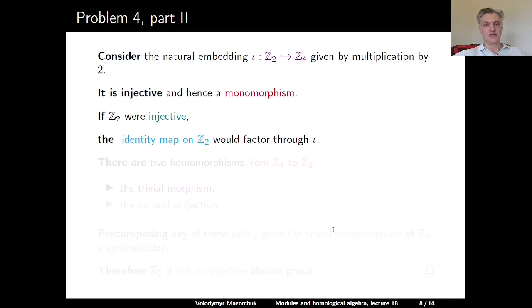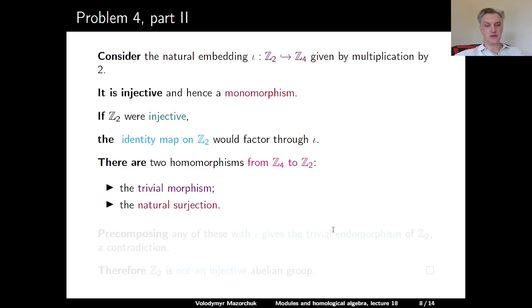In other words, there should exist a morphism from Z4 to Z2, such that precomposing that morphism with I, we get the identity map on Z2. There are two homomorphisms from Z4 to Z2, the trivial morphism and the natural surjection. Precomposing any of these two homomorphisms with I gives the trivial endomorphism of Z2.